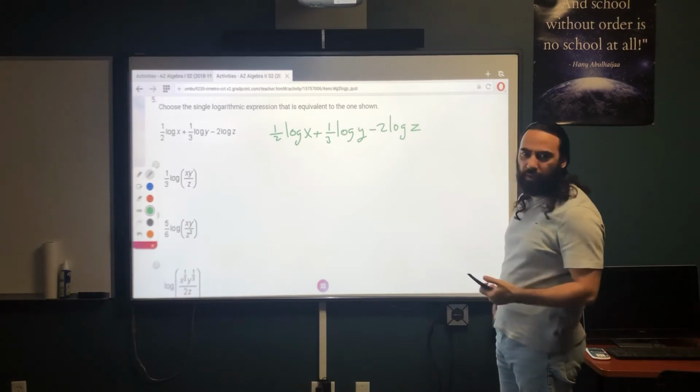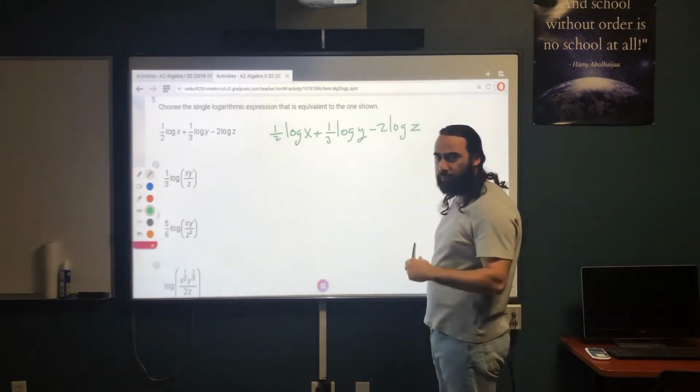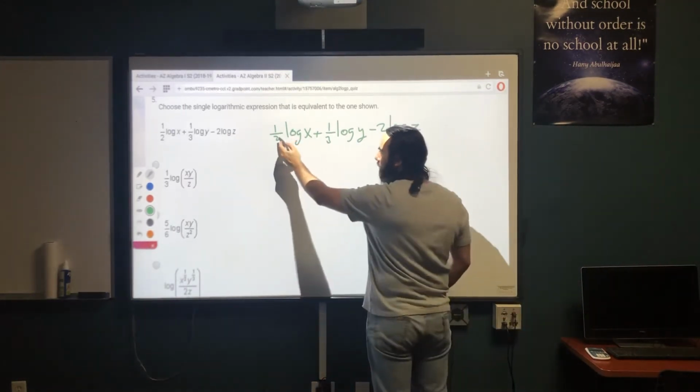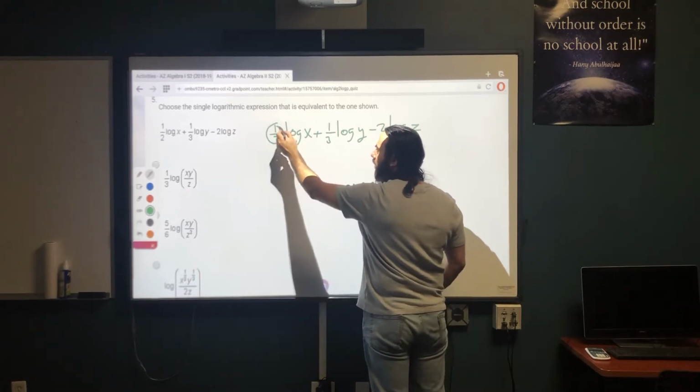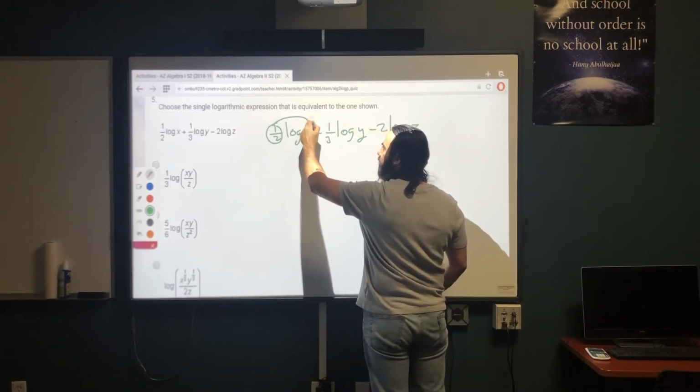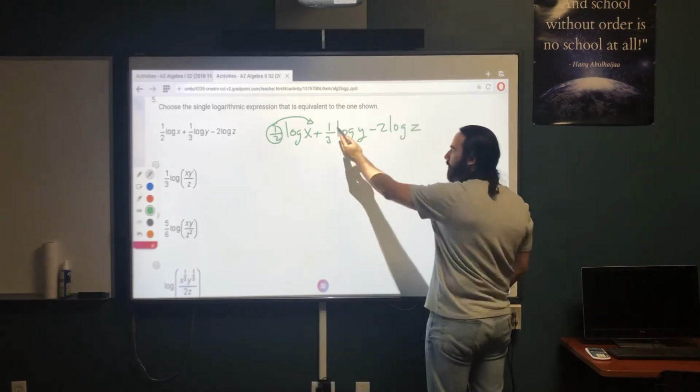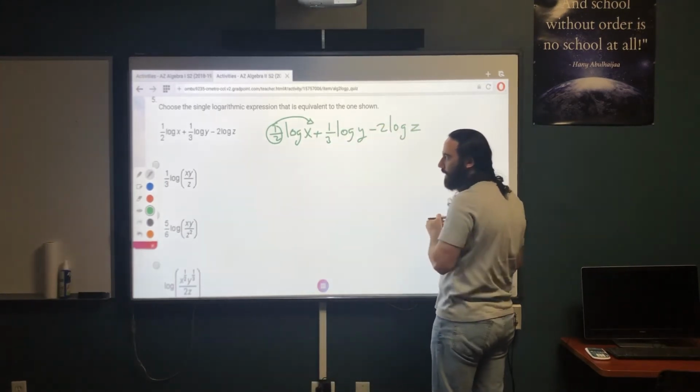Now the same thing, guys. We just need to do the opposite. So we have 1/2 multiplied times the log, we put it as an exponent. The same thing with the 1/3, the same thing with the negative 2.